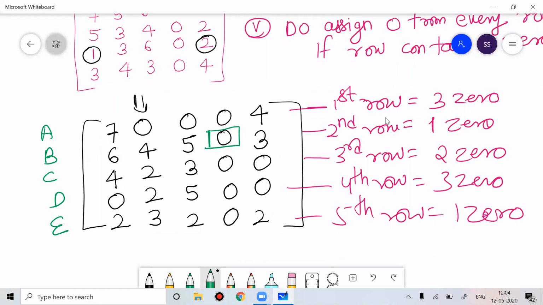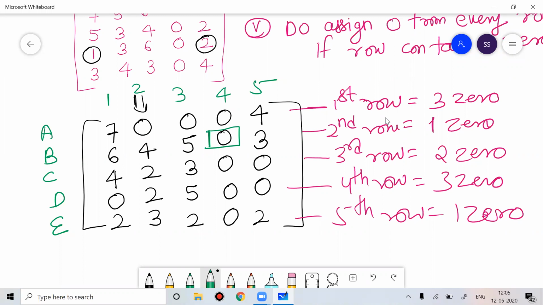Because row B, the row 2, has only 1 zero, you will assign the work to that zero. So you have assigned job 4 to mechanic B, because the second row has only 1 zero. So when you do the assignment row wise, you will give preference to that row which has only 1 zero.